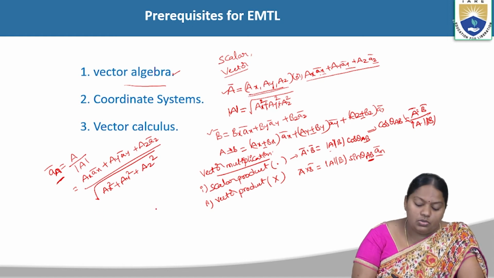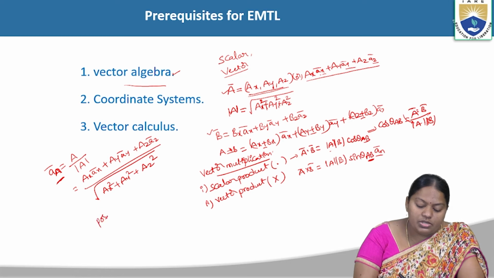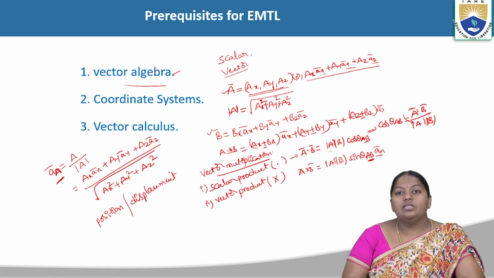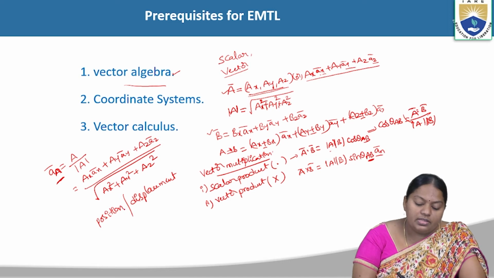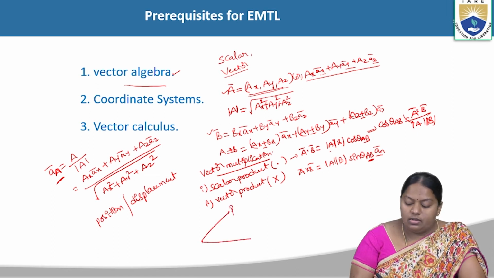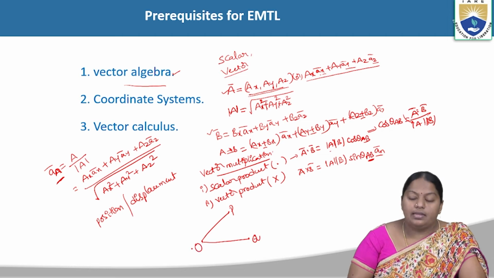Then along with these vector and scalar quantities, and addition, subtraction and multiplication of these two, we will have two vectors called position vector and displacement vector. Position vector and displacement vector. So in order to define this position vector, suppose a vector is represented at the origin. Now we want to locate a point P, and here a point Q is located, and the origin is placed like this.